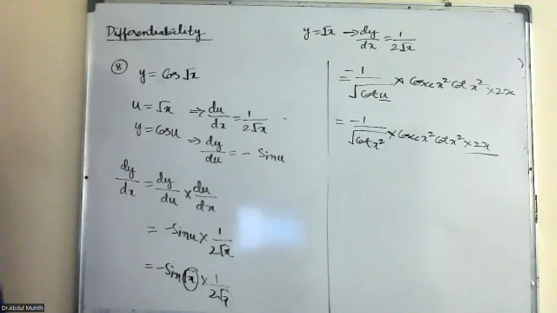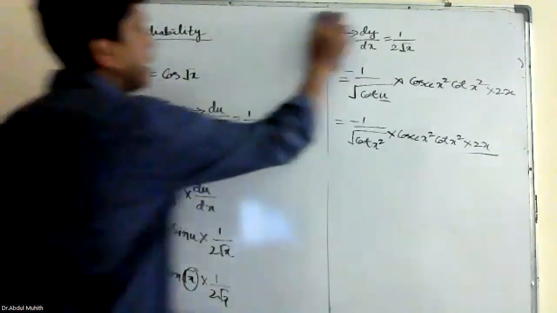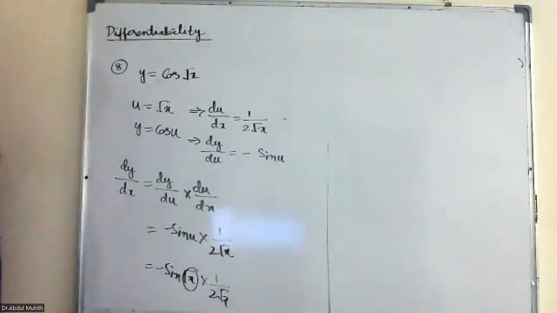We have to do one more type of question, that is LHD and RHD, left hand derivative and right hand derivative. Just finish off this, then I will explain that. Yes, sir.